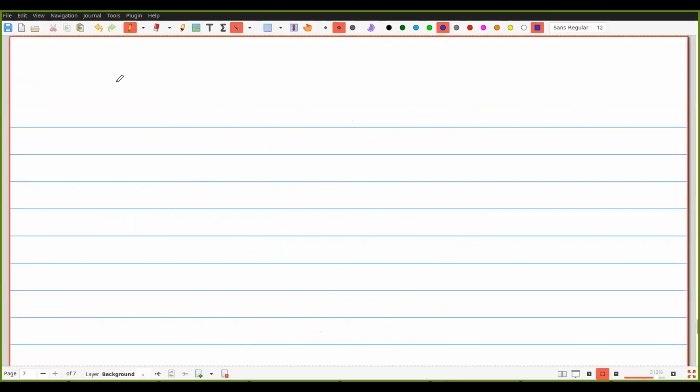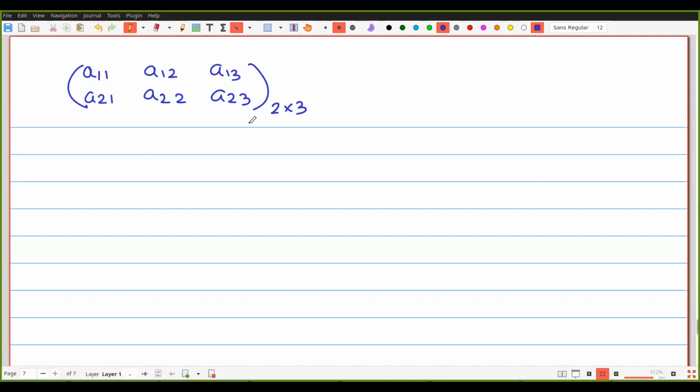Let's check with two examples. Suppose the first matrix is A11, A12, A13, A21, A22, A23. So that is a matrix of order 2 cross 3. That is our A. Plus another one, B11, B12, B13, B21, B22, B23. That is our B of order 2 cross 3.